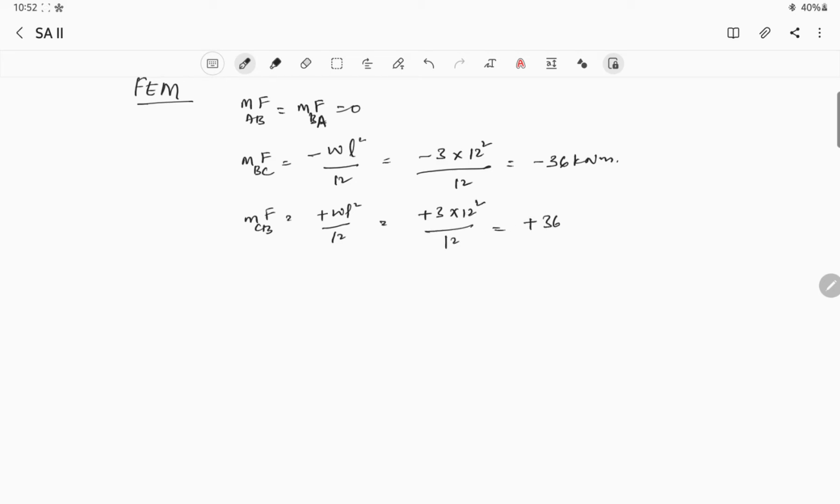You will get plus 36 kilonewton meter. Okay, we got the values of MFAB, MFBA, then MFBC, MFCB, then we have MFCD is equal to MFDC, which is equal to 0.